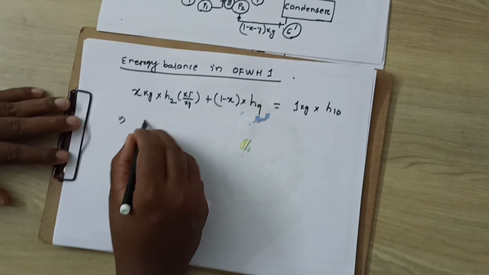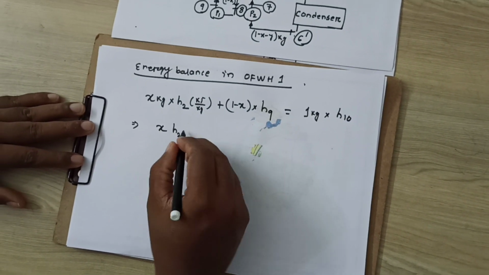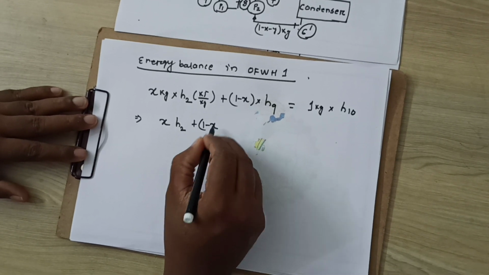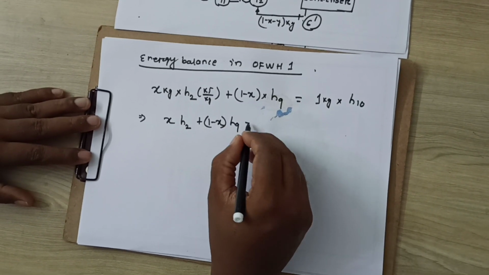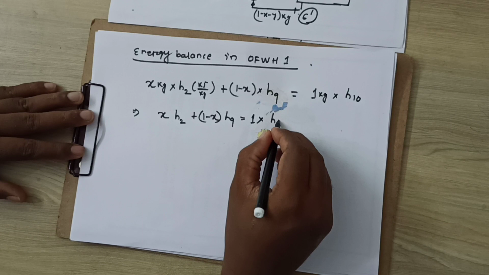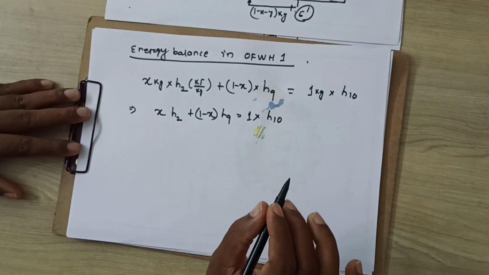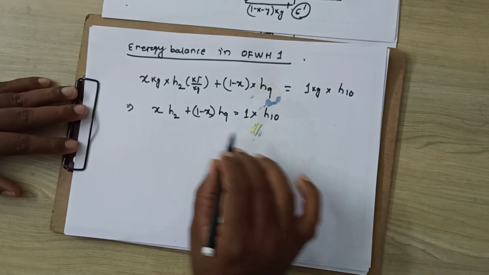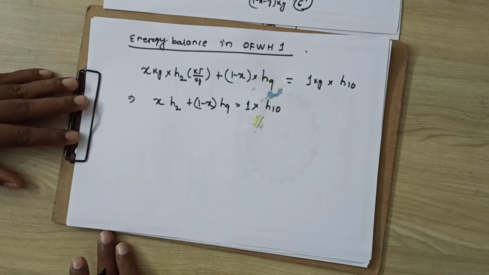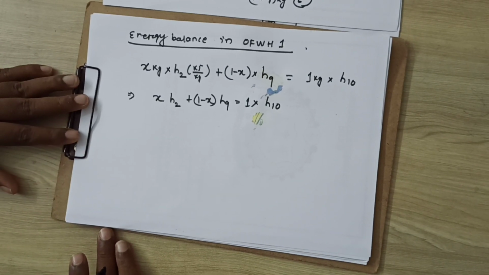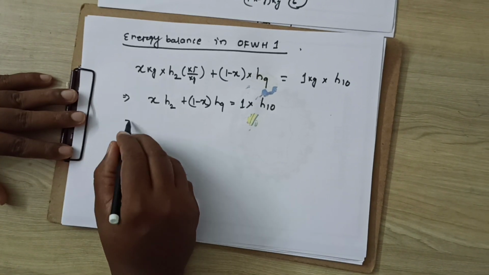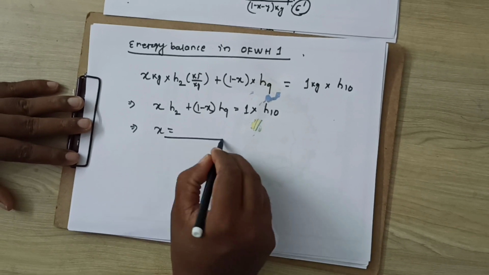So the equation looks more compact: x H2 plus (1 minus x) H9 is equal to 1 into H10. One equation, one unknown. H9 and H10, H2 you have to calculate from the steam table. You have to refer to the steam table. You will extract this. These things you already know. From this equation you can find out x.